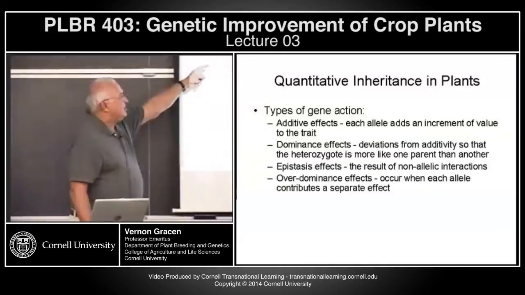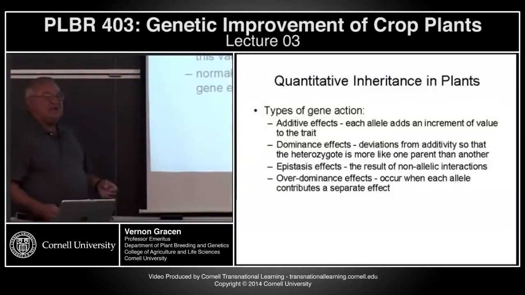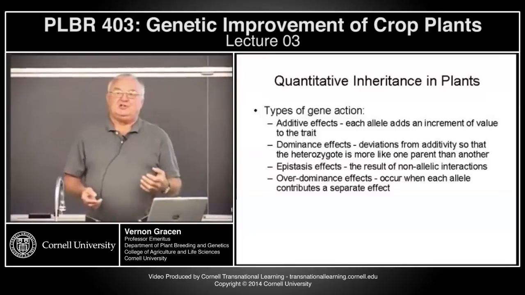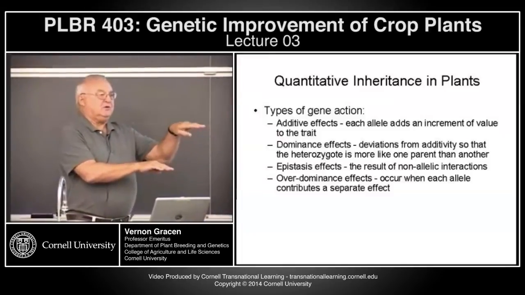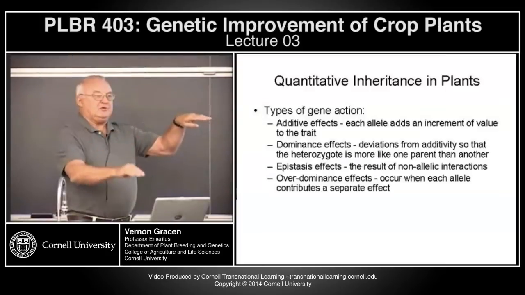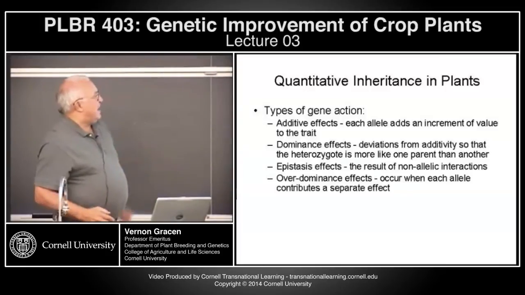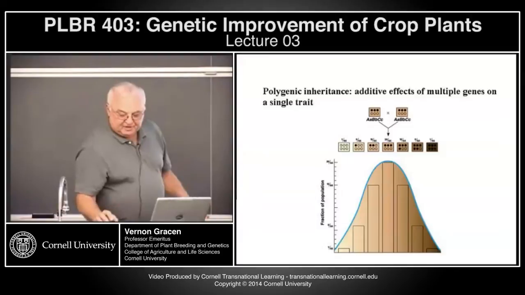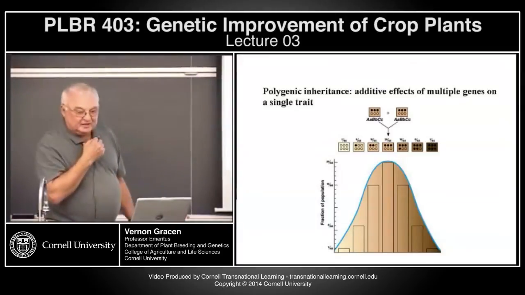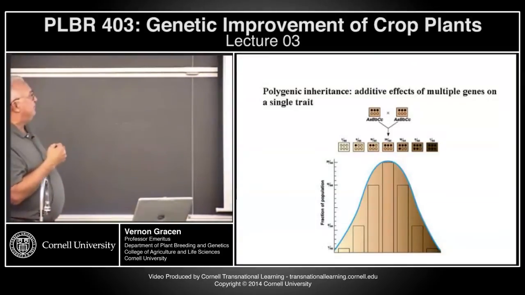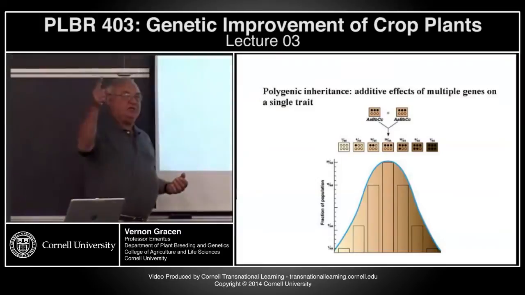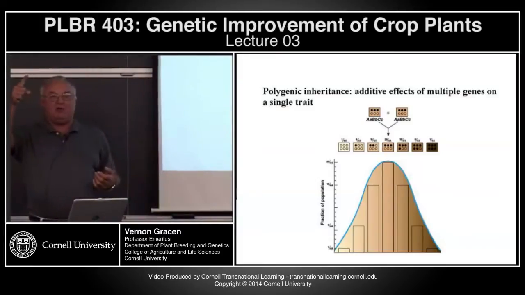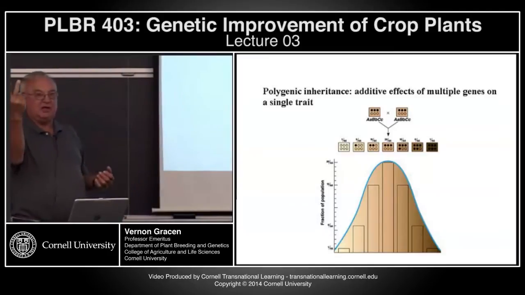Since each gene has a very small effect, you can't just walk through a population and say, okay, this plant has all of these minor genes and this one only has 3 or 4. So we have to have some way to identify gene effects. To show you this in a diagram, we talked about a single gene ratio, or a monohybrid, and a dihybrid with 2 genes segregating.